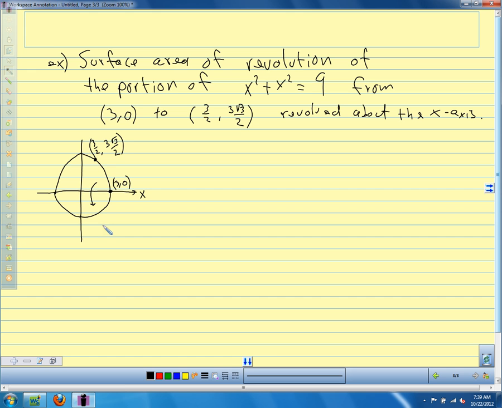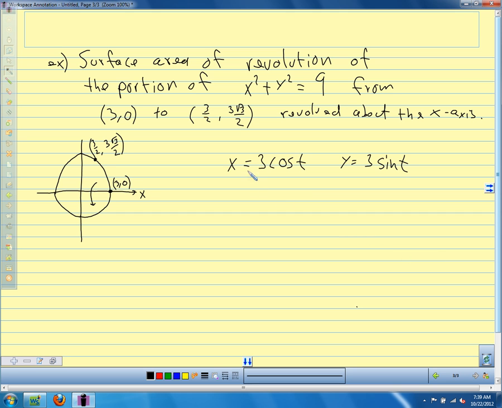So first off, we're talking about parametric equations. So we want to come up with parametric equations for this circle. How would we write a set of parametric equations for this circle? X equals 3 cosine t, and y equals 3 sine t.